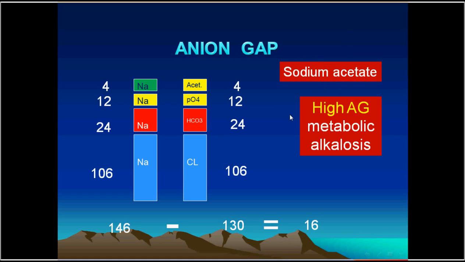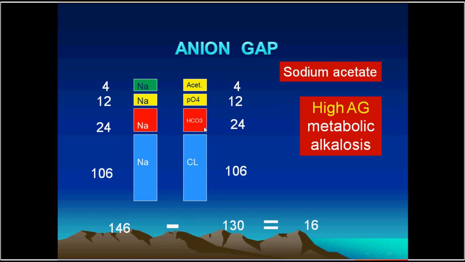This leads to alkalinization of the media, or alkalinization of the blood. So when you add sodium acetate, you are adding sodium. Suppose you added 4 milliequivalent sodium and 4 milliequivalent acetate. What you measure routinely is sodium. So the sodium increased, instead of being 142 it became 146.